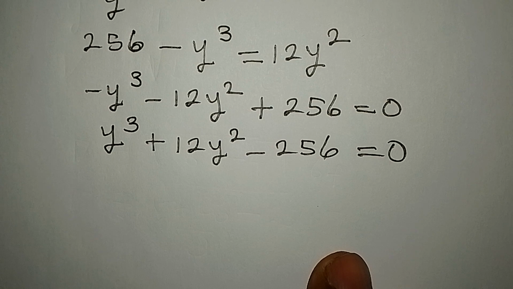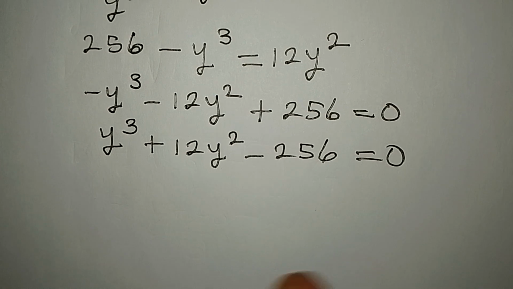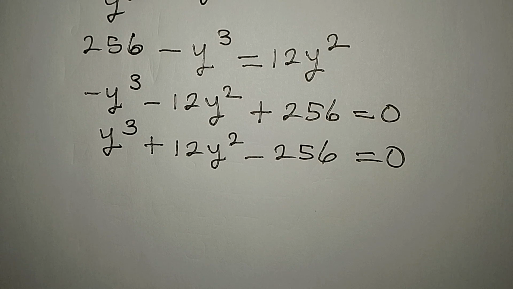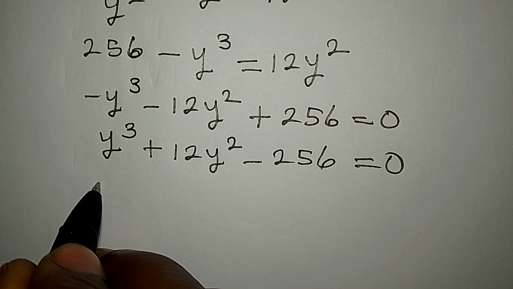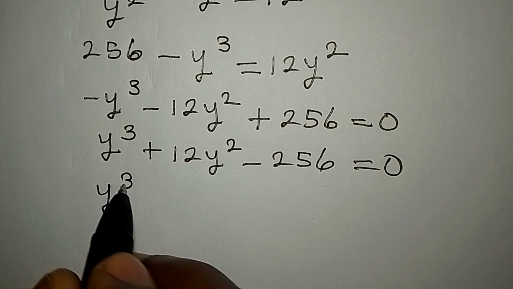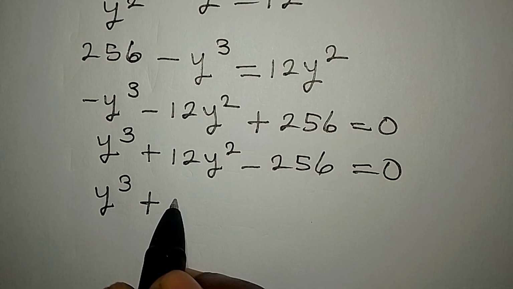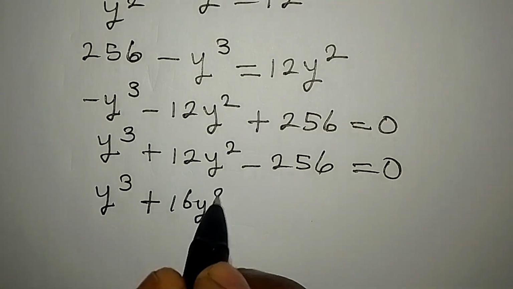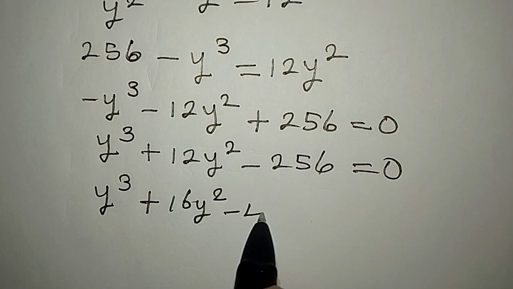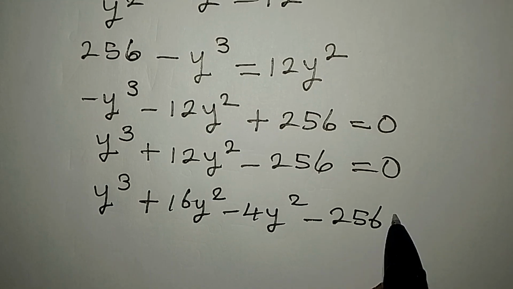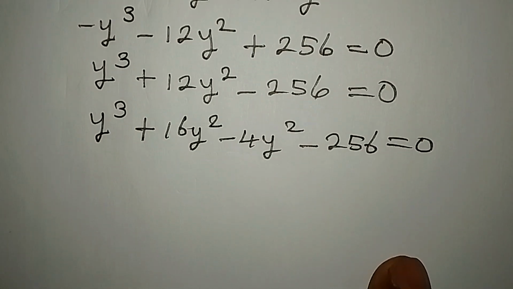Now let's continue. From here, we can factorize what we have here, right? Good, because this is the same thing as y to the power of 3 plus 12y squared, which can be written as 16y squared minus 4y squared, then minus 256 equals 0.